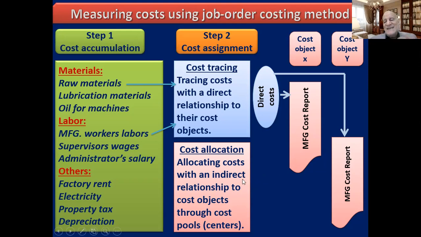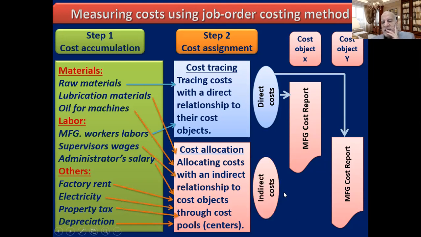So these costs will finally be assigned, but through something called allocation. This indirect cost is allocated. Please pay attention: direct costs are traced. So tracing is used in assigning direct costs only.